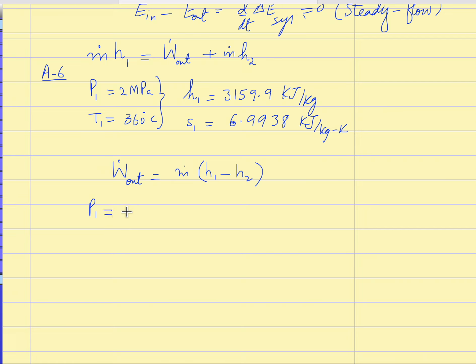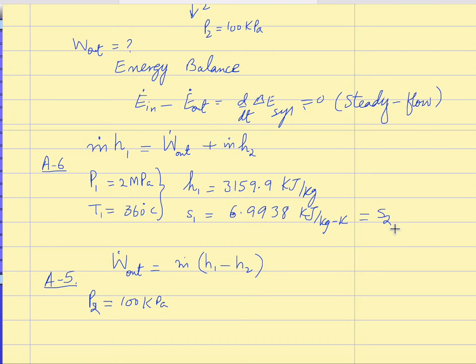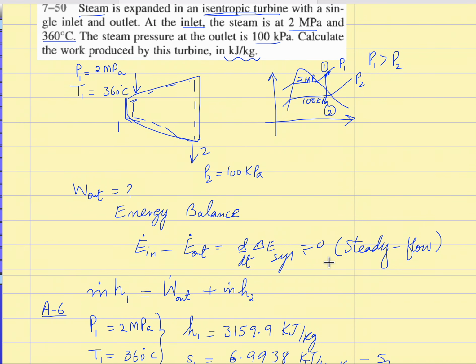Now let's proceed for P2. In the same table, P2 is 100 kilopascals. Since this is an isentropic process, s1 equals s2, which is a reference point, so s2 also equals s1 because of the isentropic process.